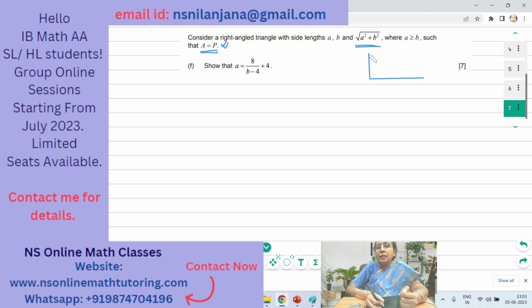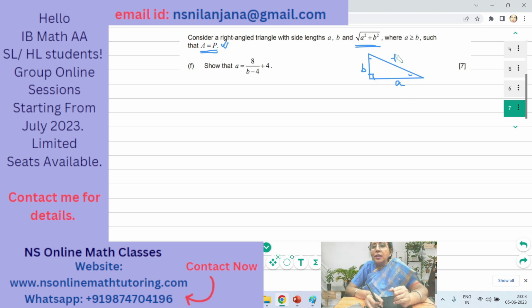Like this. A will be greater than or equal to B. I have taken A to be greater than, it can be equal to as well. If A and B are the same, then this angle will be equal to this angle, means each will be equal to 45 degrees. But I have taken the general case A is greater than B.